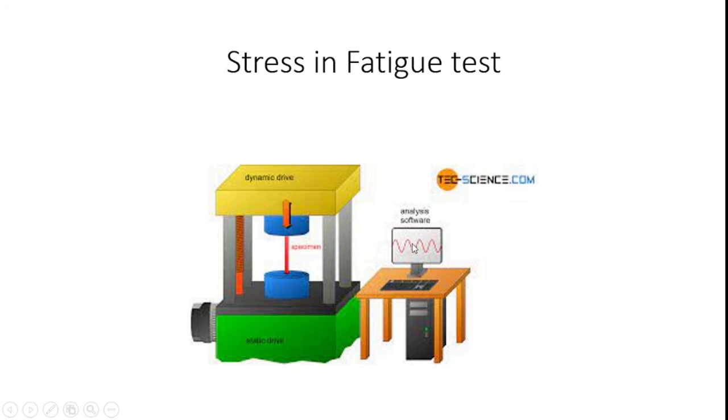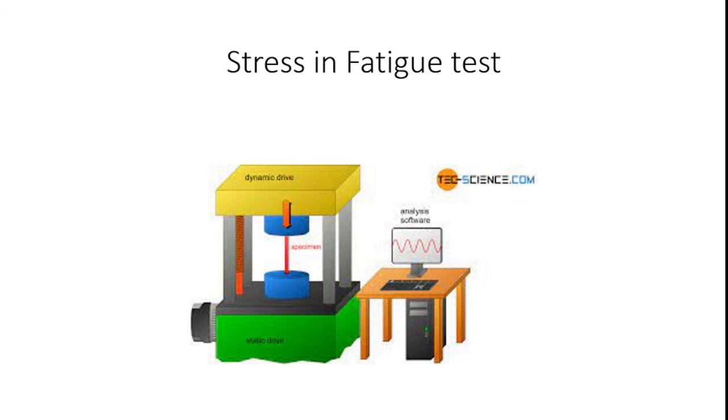And the stress amplitude is the stress variation between the mean stress and one of the maximums. From the difference between the mean stress and the maximum, we get the stress amplitude.